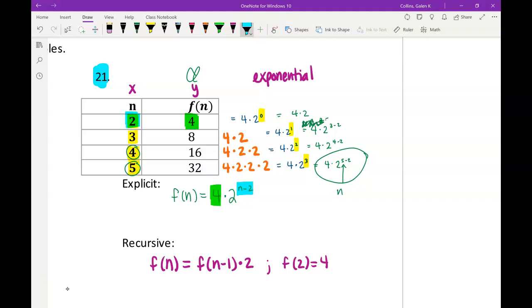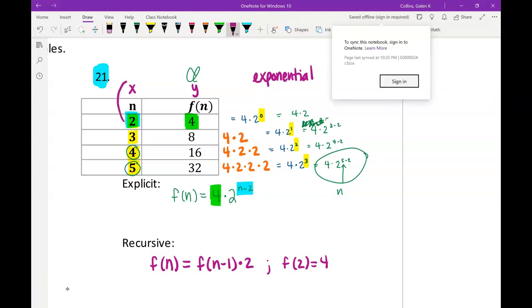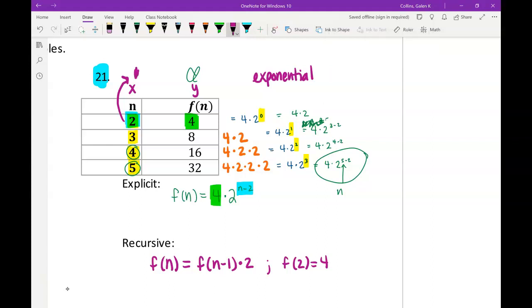Now, some of you might have gone back and just found what would happen when n is 0. So if I try to do that, let's see if OneNote will stop being disagreeable. If I go backwards in my table, oh, it's being disagreeable. If I were to have an input of 1, that means my y value would have to be the number that when I multiply by 2, that gives me 4.